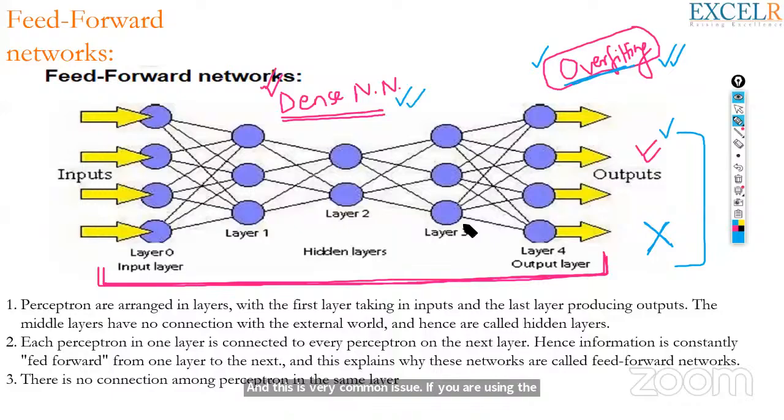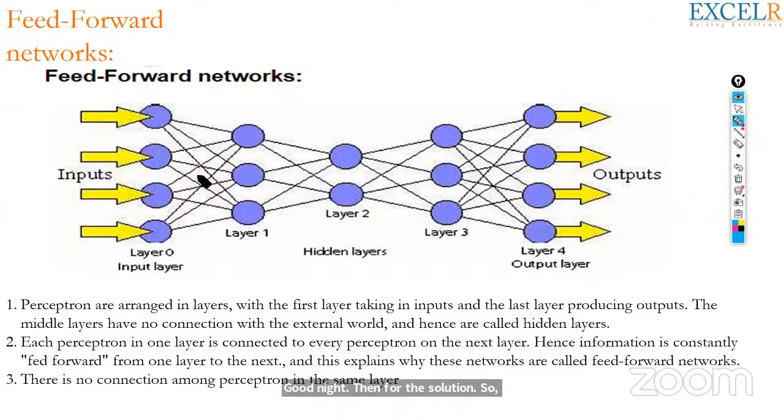Then what's the solution? The solution is, let's not use all of these connections. Let's drop a certain number of connections between any two layers. Let's suppose I will drop a couple of connections between input layer and layer one, let's say these three connections.